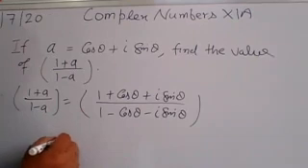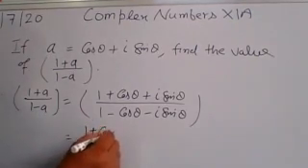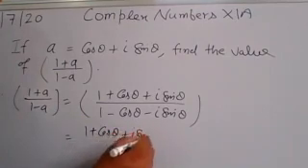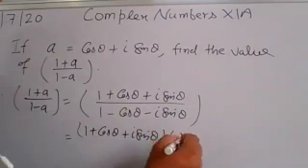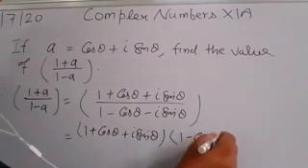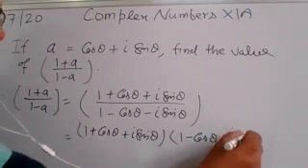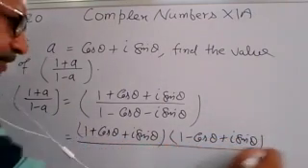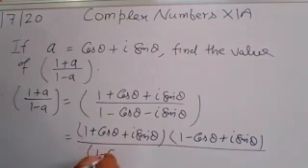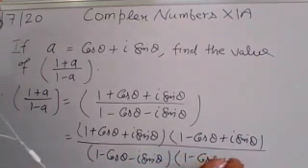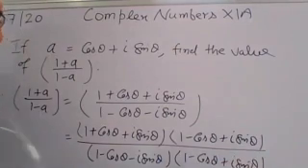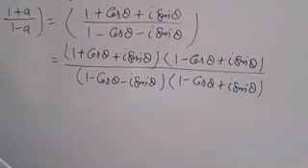So 1 plus cos theta plus I sin theta, and the conjugate of this, you can write 1 minus cos theta plus I sin theta, divided by 1 minus cos theta minus I sin theta into 1 minus cos theta plus I sin theta. Means here you are multiplying numerator and denominator by its conjugate.